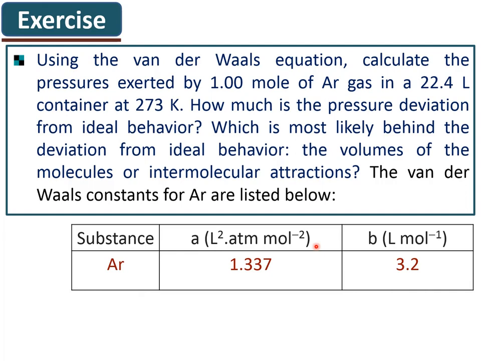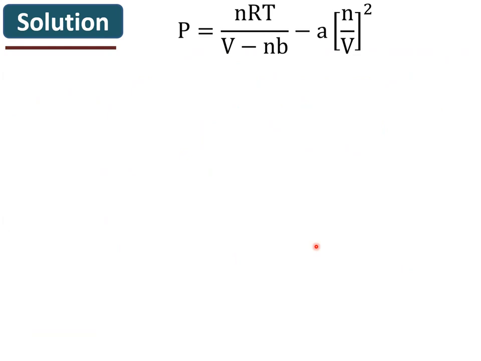What is the impact of subtracting this value from V? What is the impact on the pressure? Will this increase the pressure or decrease the pressure? If you subtract some value from V, this means that the volume will get lowered.